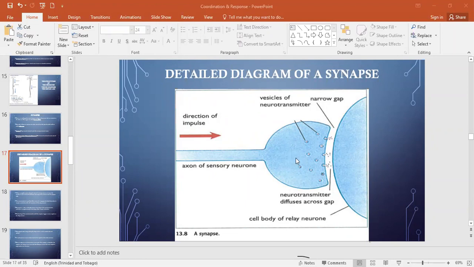But by the time the electricity reaches the end, it sort of grounds off and it's not allowed to pass through. So it prompts your vesicles to move forward and release the chemicals, and the chemicals contain the same amount of information as relayed in the electricity. All right, understand?